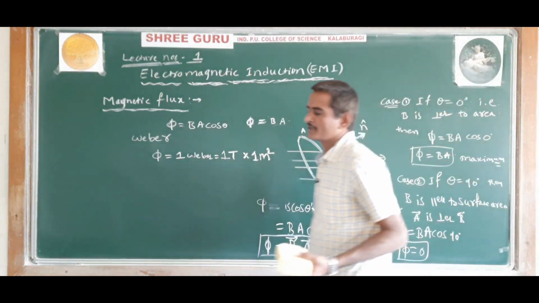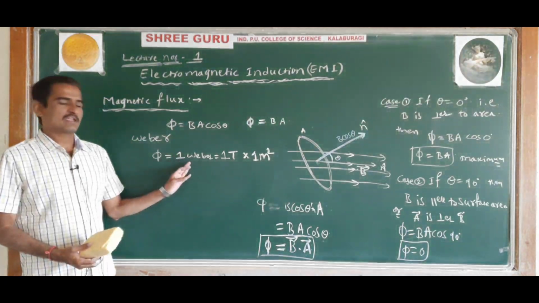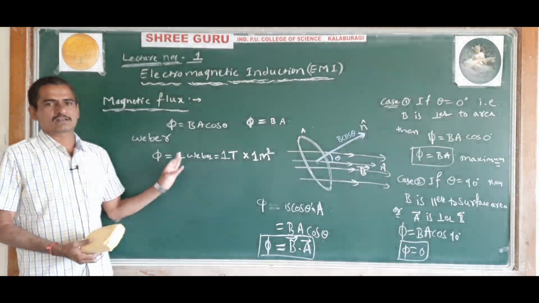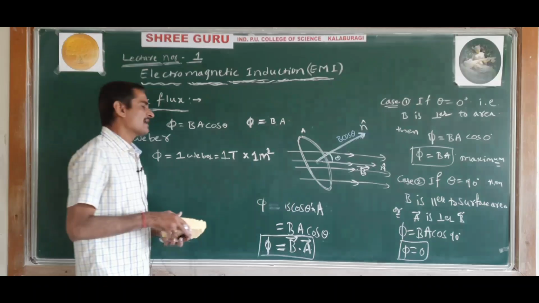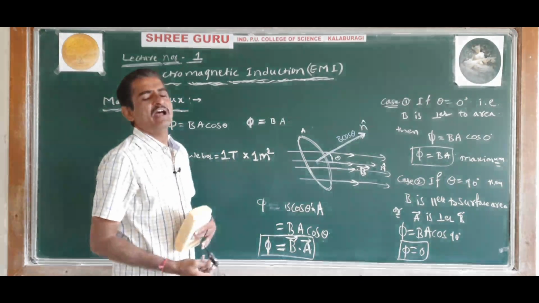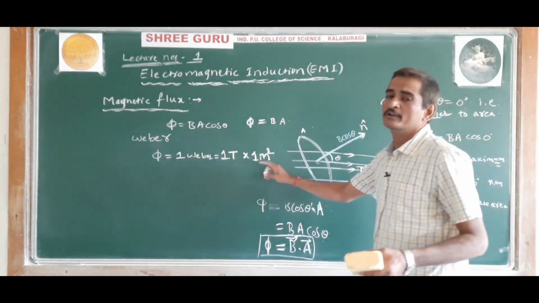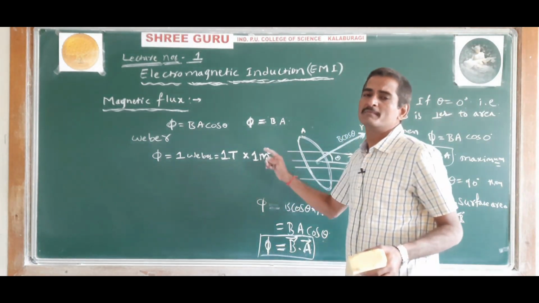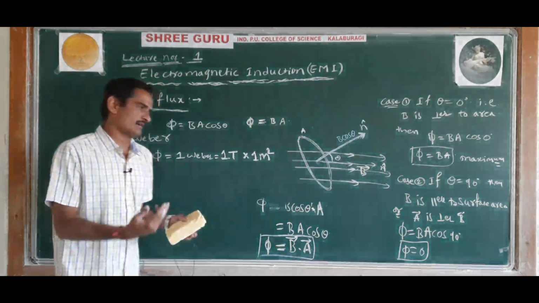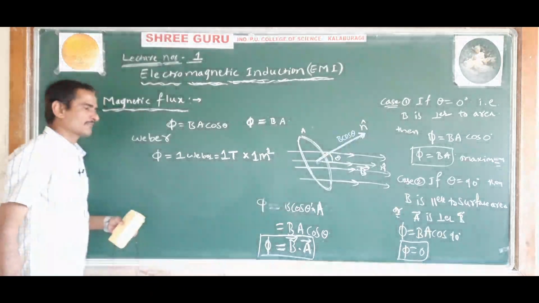Define 1 Weber. The magnetic flux through a surface is said to be 1 Weber when a magnetic field of 1 Tesla acts normally through a unit surface area, or 1 meter square surface area, then the magnetic flux will be 1 Weber.